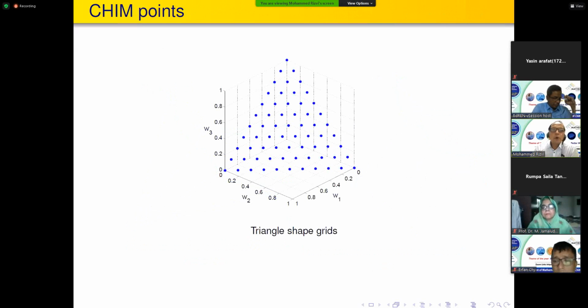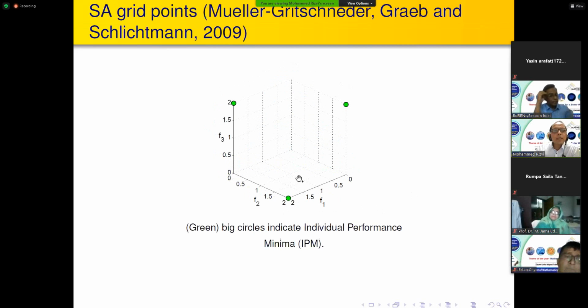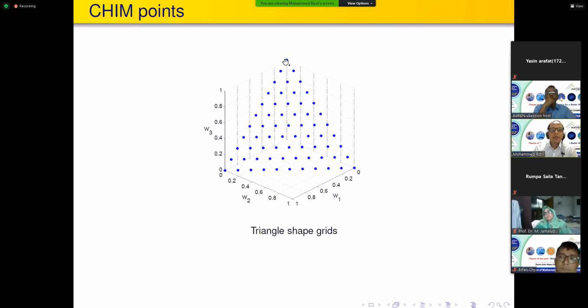Another grid is this CHIM grid for the 3-dimensional space. You see that all the grids are evenly distributed there. Those are the parameters, and now I force those parameters into the algorithms. Now, for another grid, this works when the number of objective functions is more than 2, because if you have a surface, some of the boundary lines should be curved.